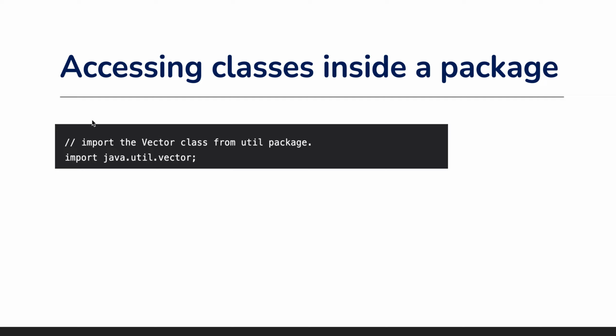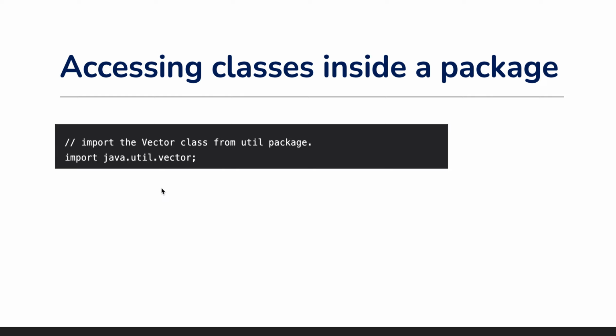Let's say we want to use a Java package. We know that there is a package called java.util. Inside util there are multiple classes, for example Vector. If we want to use Vector inside our class, we can define something like this: import java.util.Vector. It is going to make this Vector class available for the current class.